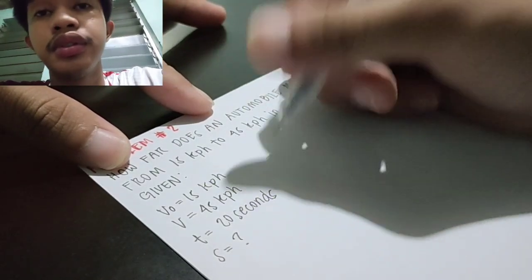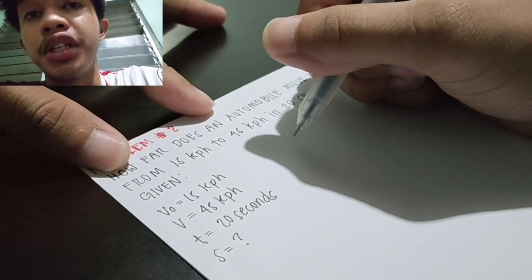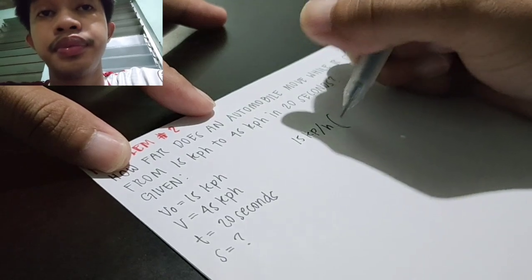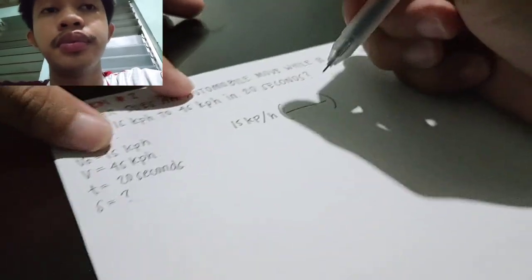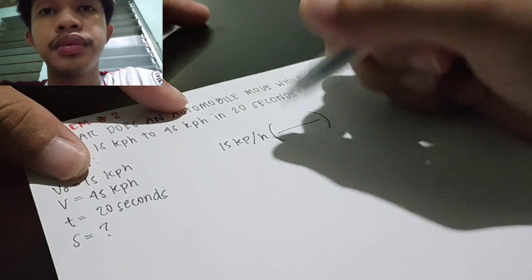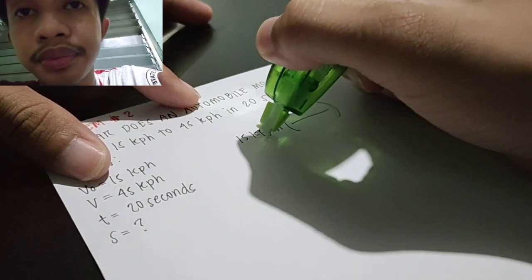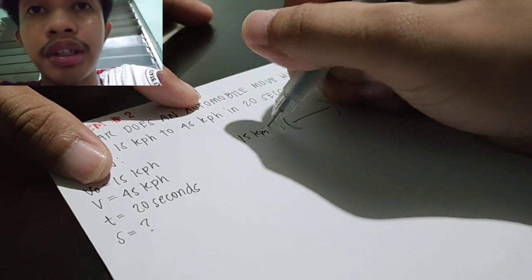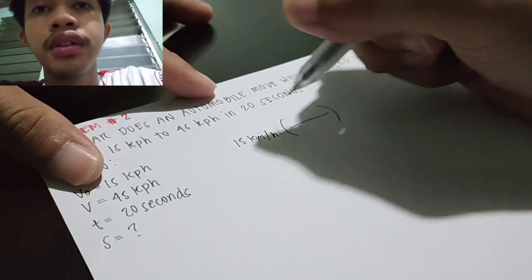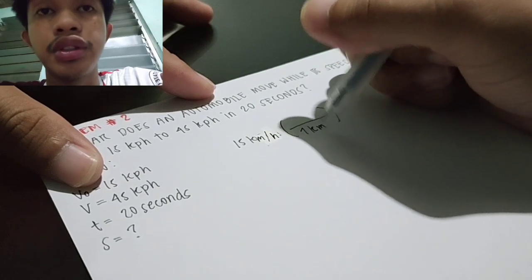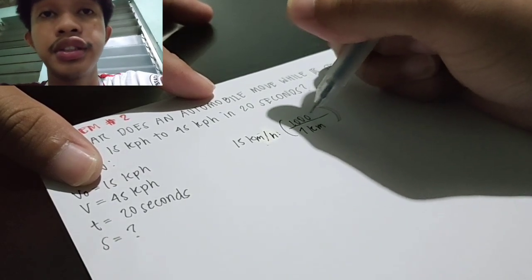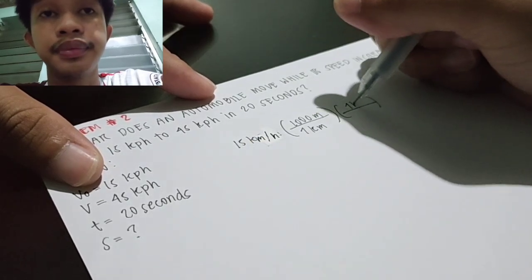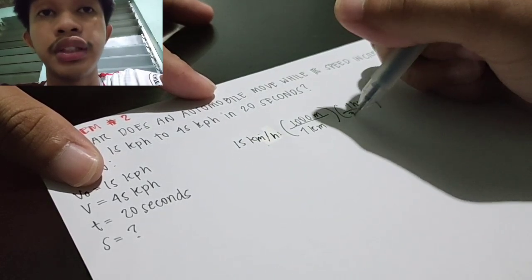So V₀ first, or the initial velocity, 15 kilometers per hour. 1 kilometer is equal to 1000 meters, and 1 hour is equal to 3600 seconds.